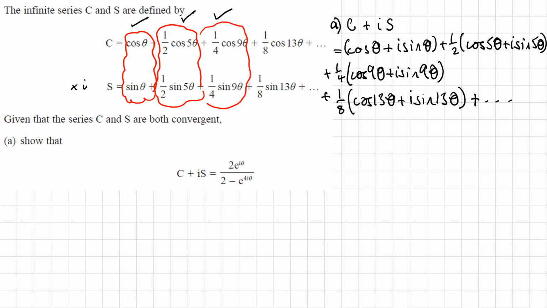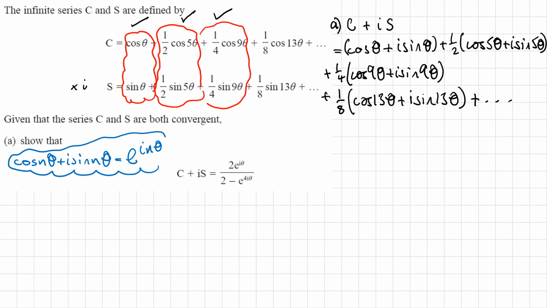Now I can use an identity: if I have cos n theta plus i sine n theta, I can write that as e to the i n theta. That allows me to write each group of terms in exponential form, and the reason I'm doing that is because what I want to get to is in exponential form.